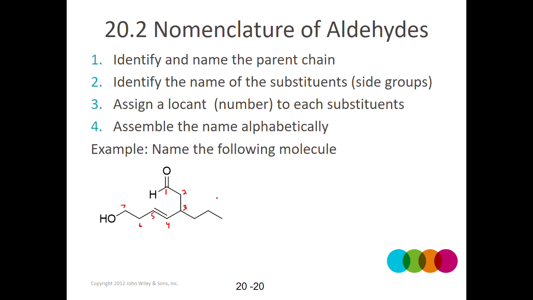So that's 7. So my parent name should be heptanal. So the AL suffix. You've got to be a little careful because depending on your handwriting, this could look like heptanol. An OL suffix indicates an alcohol, and an AL suffix indicates an aldehyde.